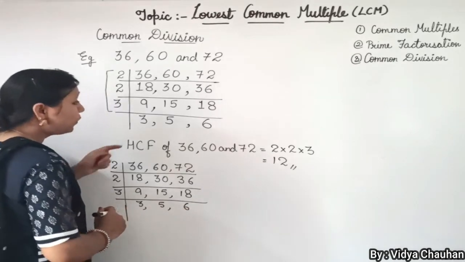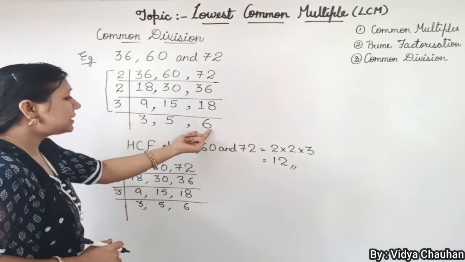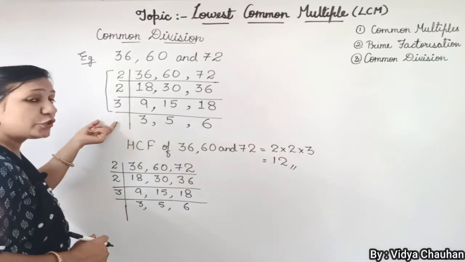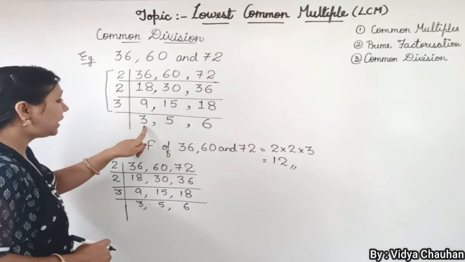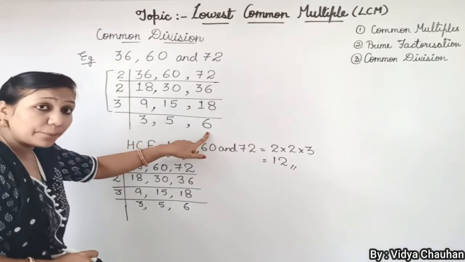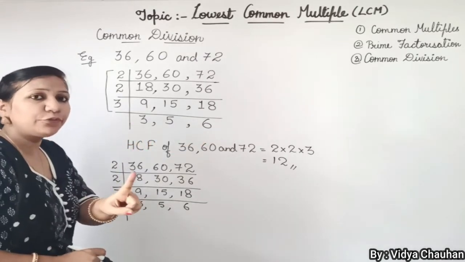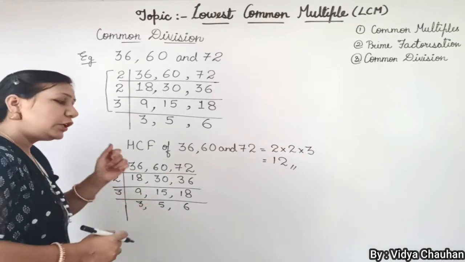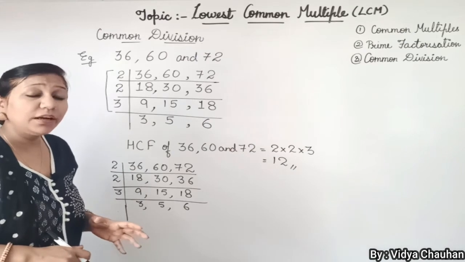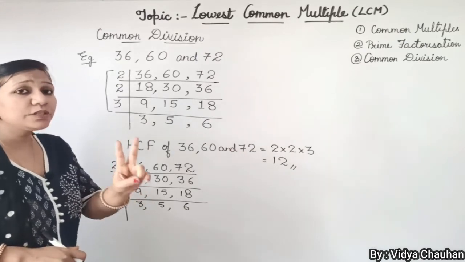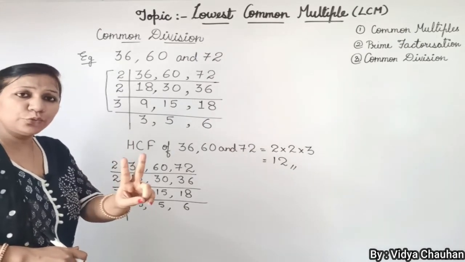Clear? Now when we have to find the HCF, I left it at this point only. Why? Because there were no common values dividing all these 3 numbers together. But if you have to find its LCM, you will keep continuing the factorization method till the values are at least divisible by 2 numbers.